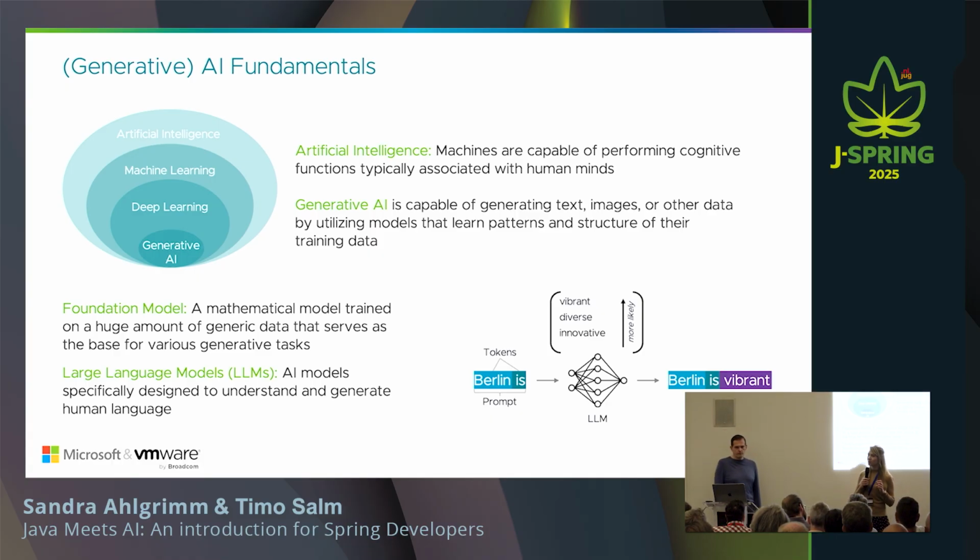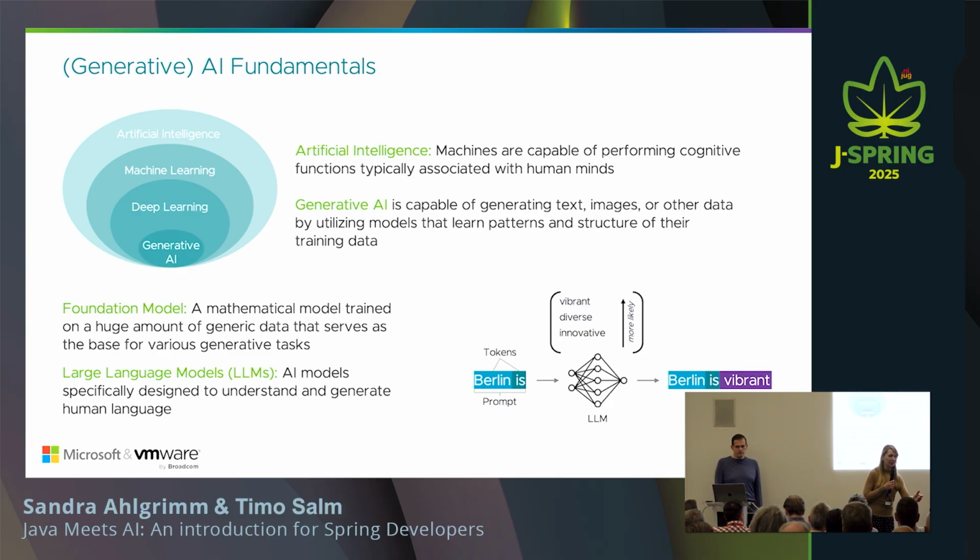So to set the stage, AI is a super new thing that came out in the 60s, basically in movies, where it was first introduced as robots being able to think like a human. Then in the decades after, it evolved even more with machine learning and deep learning. You had the specialists, the data scientists, doing all the hard work for us Java developers of training models with a huge amount of data, very specific to each domain.